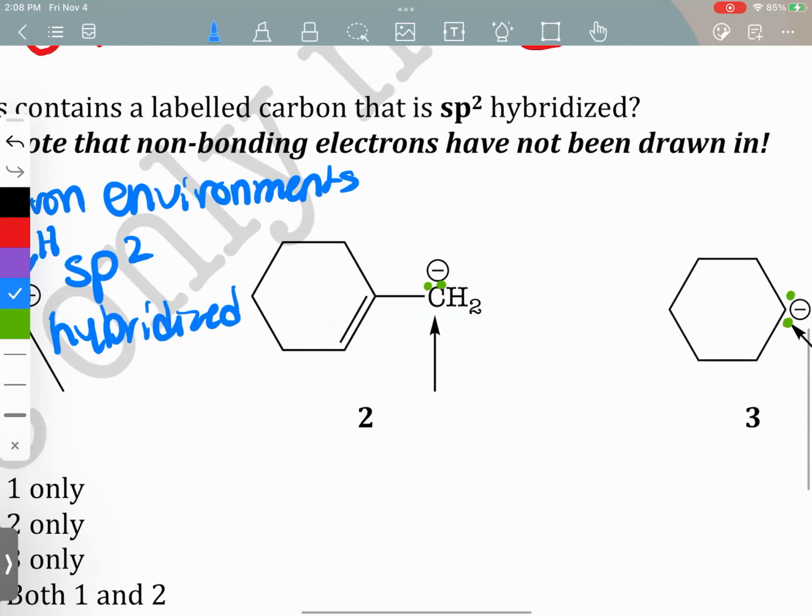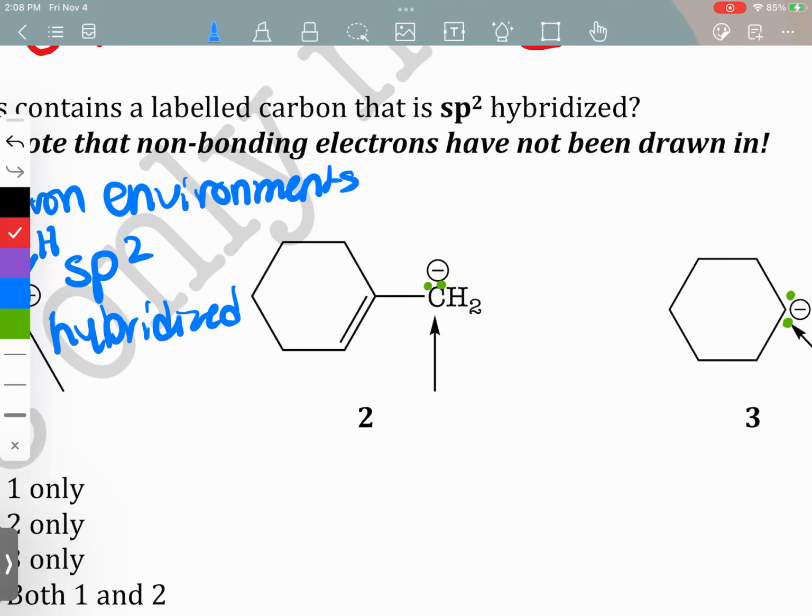Now, let's look at 2. 2 has this carbon here. How many electron environments? It's 3 or 4?